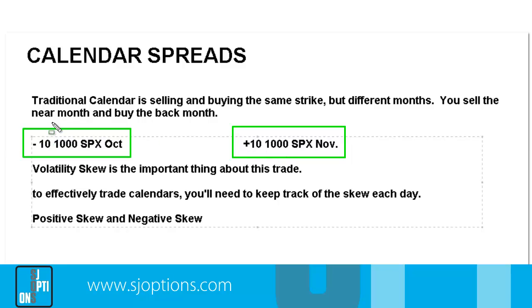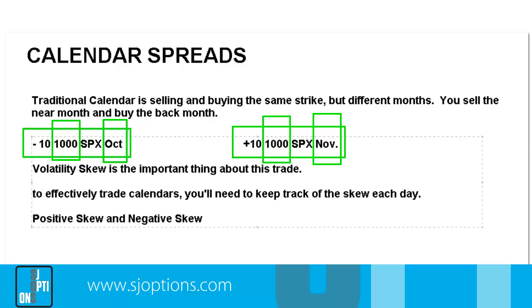Okay, so again, you see both of these positions, one short is at the 1000 strike, and the long is also at the 1000. The difference here is your month, and again, notice that you're selling the front month and buying the month that's farther out in time.